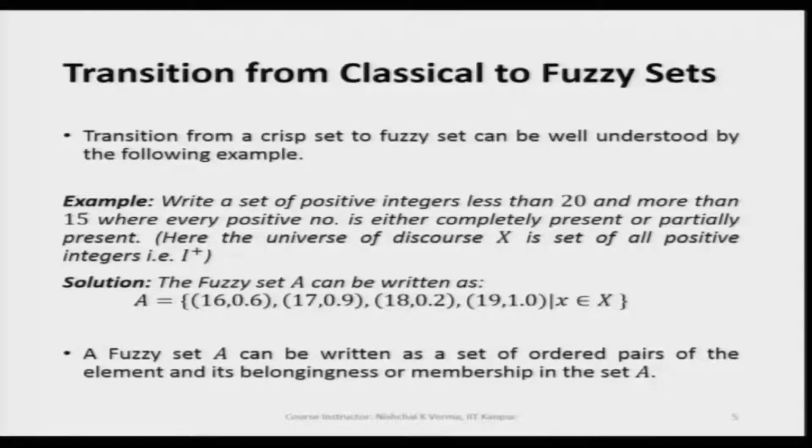But in a fuzzy set, unlike the conventional set, the elements that are present will have membership values between 0 plus and 1.